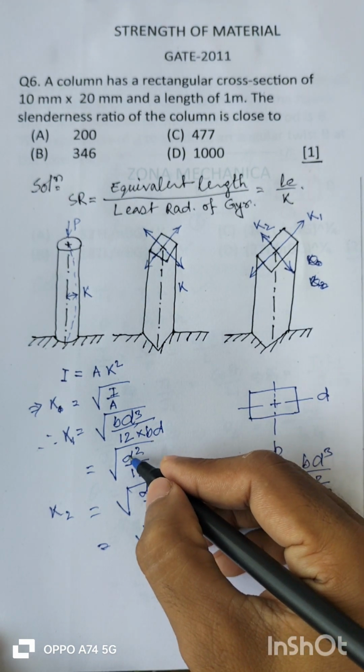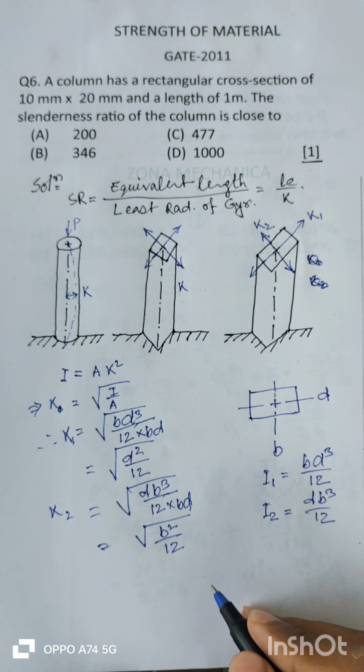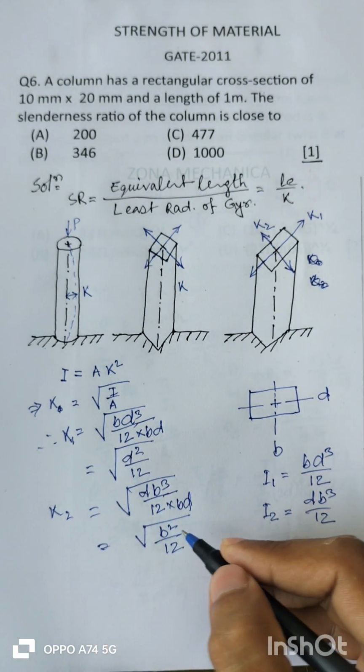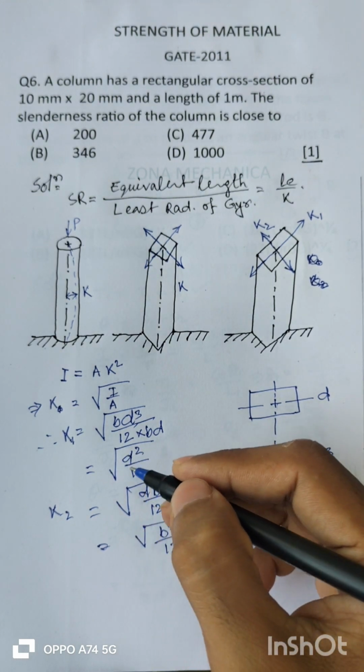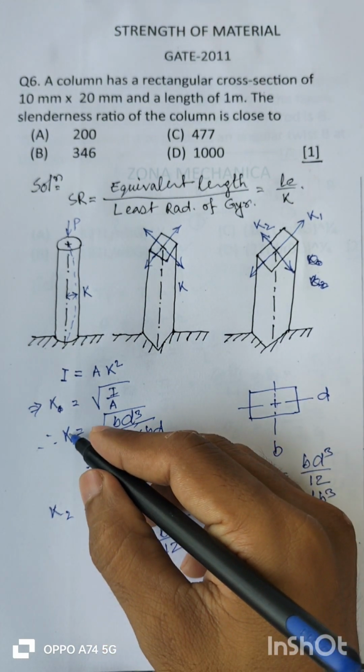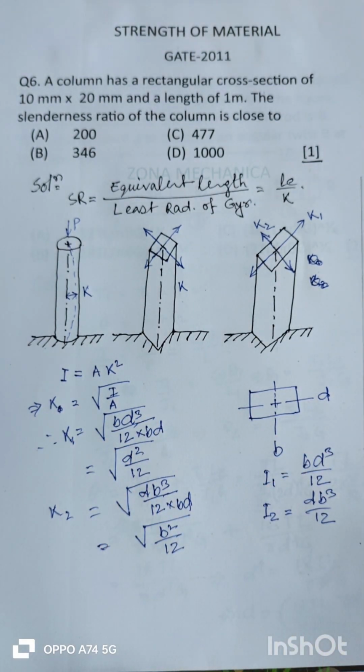So clearly if D is greater than B, K1 will be higher than K2, and if B is greater than D, then K2 will be greater than K1, and K1 will be least radius of gyration.